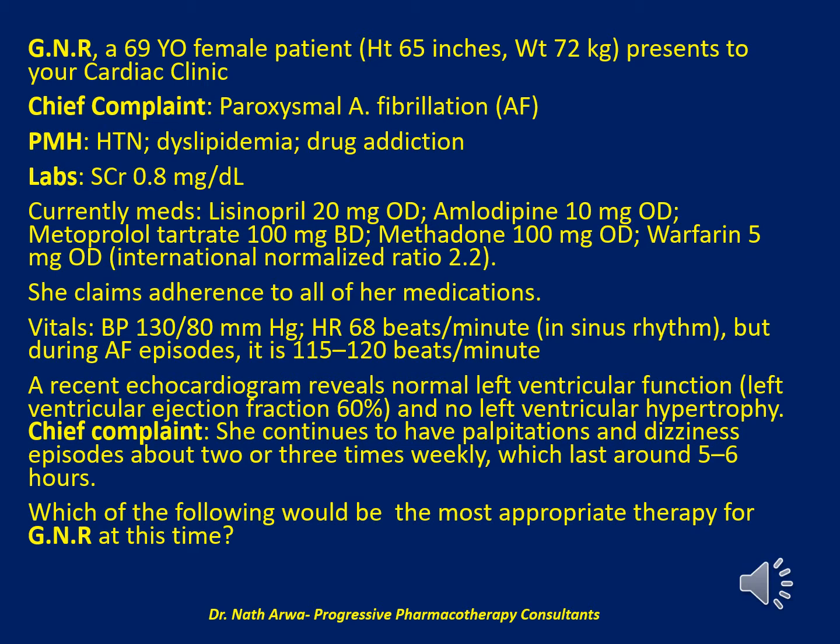A recent echocardiogram reveals normal left ventricular function, left ventricular ejection fraction 60%, and no left ventricular hypertrophy. Regarding her chief complaint, she continues to have palpitations and dizziness episodes about 2 or 3 times weekly, which last around 5 to 6 hours. So my question to you is, which of the following would be the most appropriate therapy for GNR at this time?